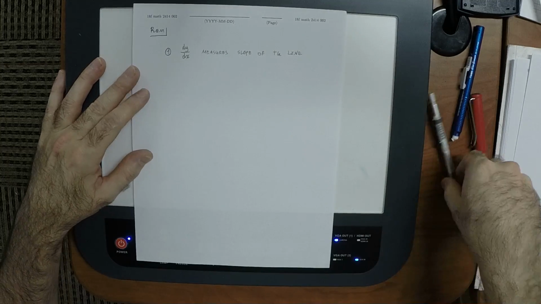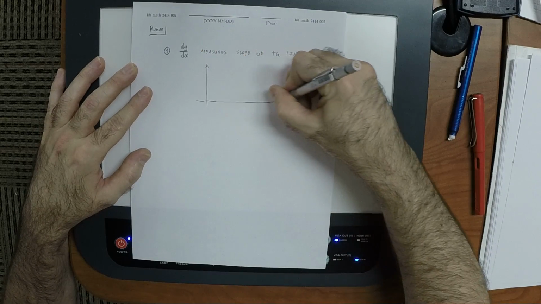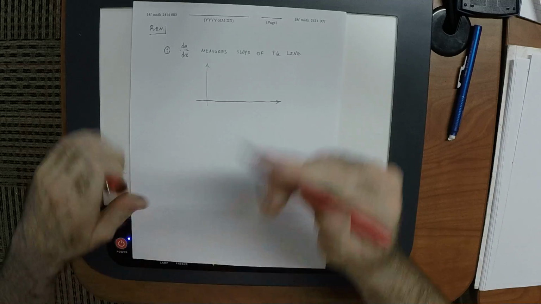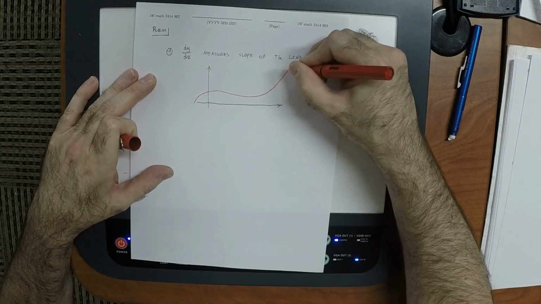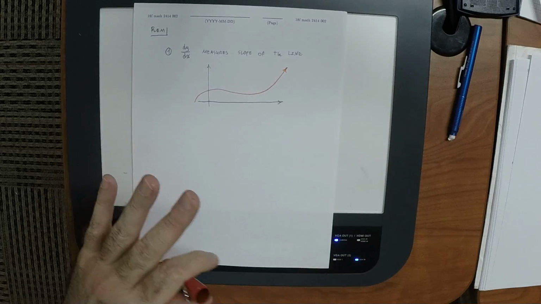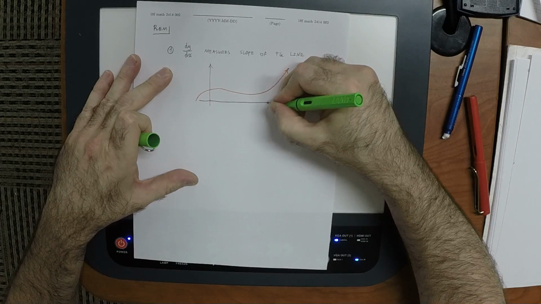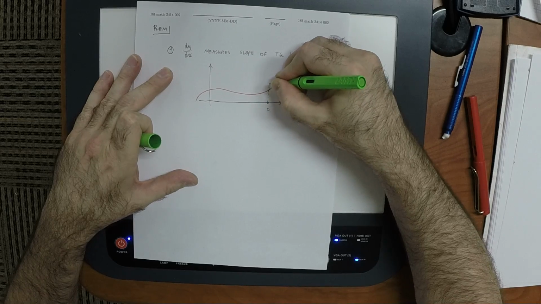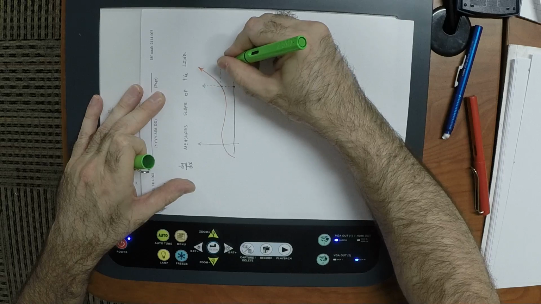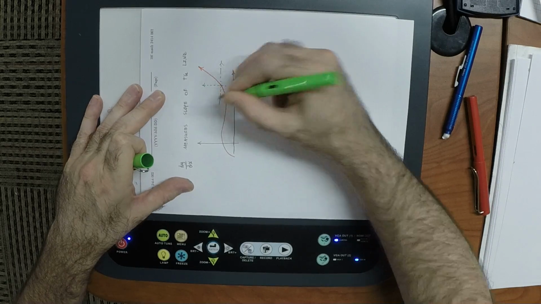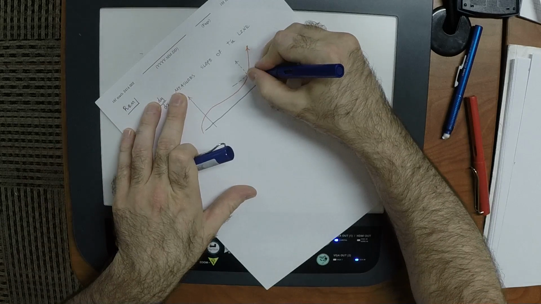So if we have a situation like this, and you've got your favorite input c here, then right there at that point, there's a tangent line.